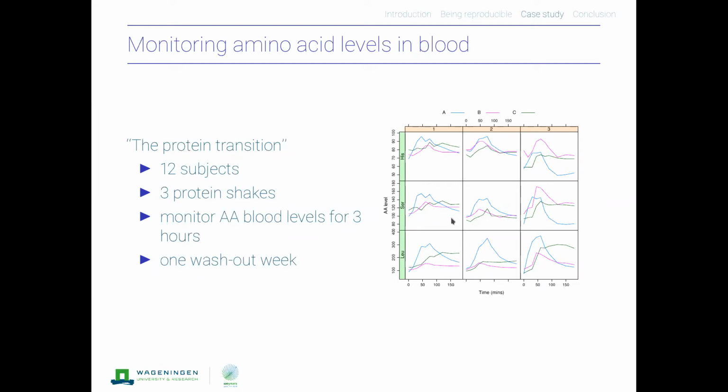If you look at the other participants in the columns, you see more or less the same behavior. So the idea was to use these data, these time points, to say something about the ease in which the protein could be digested by different people.